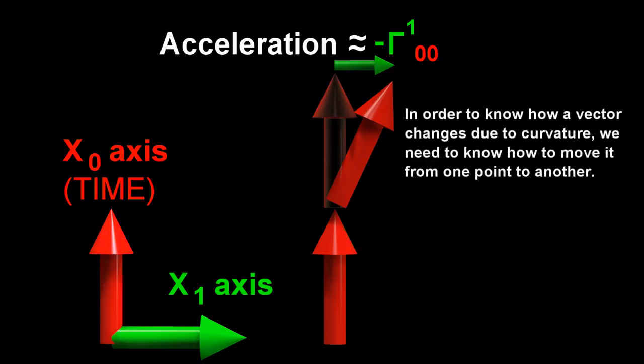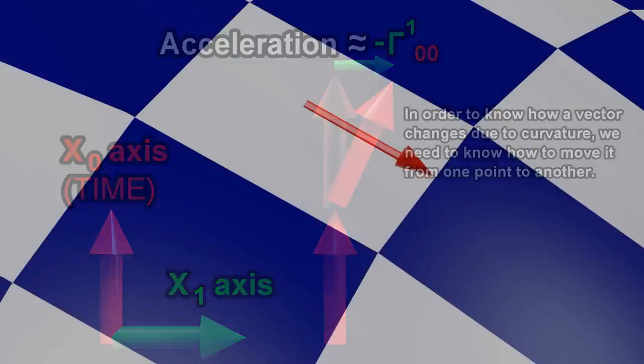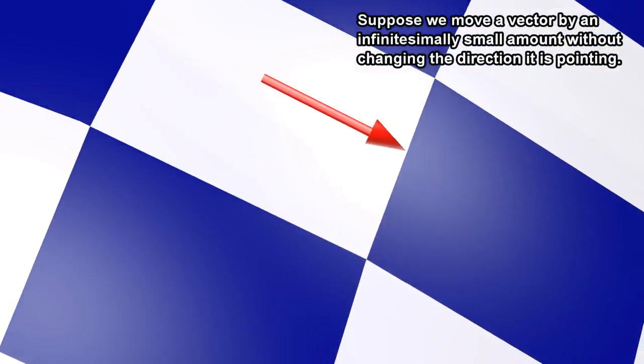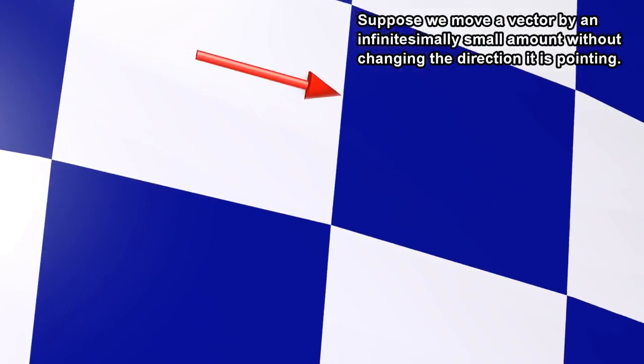In order to know how a vector changes due to curvature, we need to know how to move it from one point to another. Suppose we move a vector by an exceedingly small amount without changing the direction it is pointing.